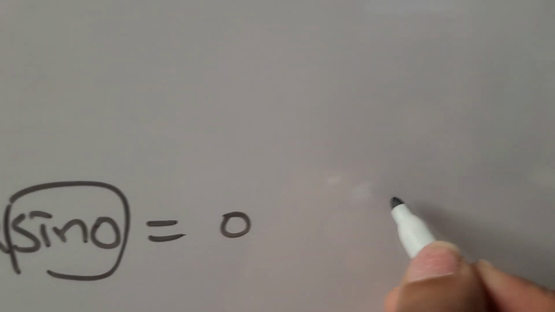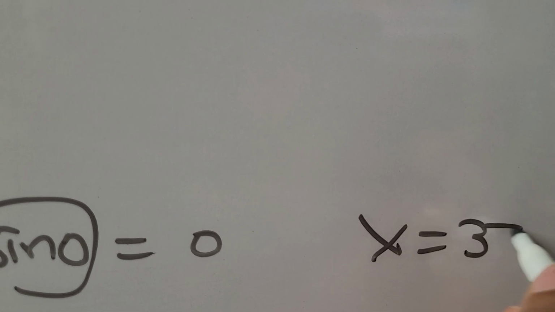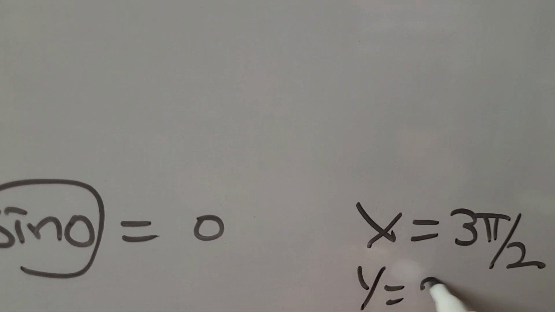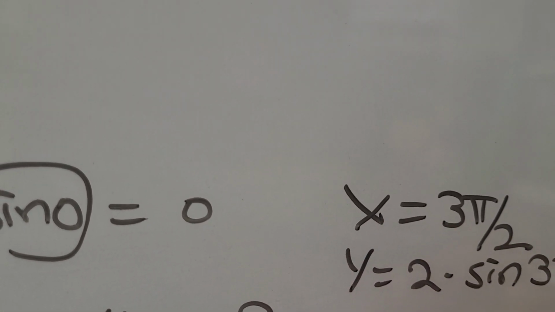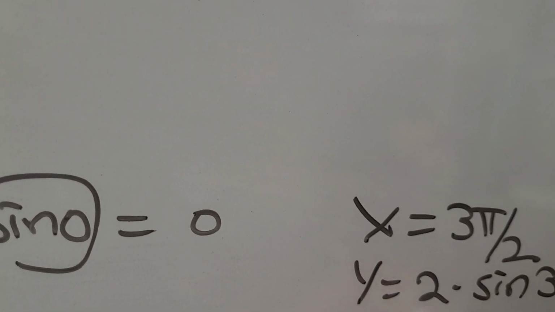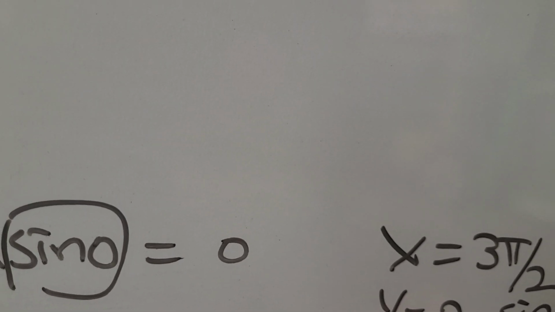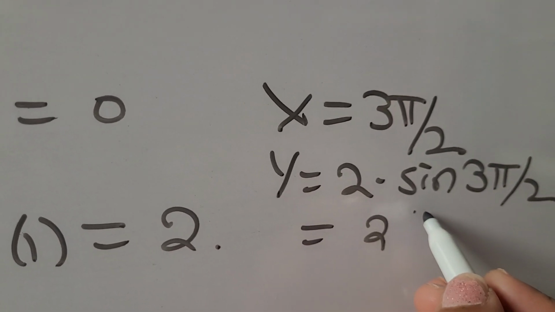And for x equal to 3 pi by 2, y is equal to 2 times sine of 3 pi by 2, which is in the third quadrant.